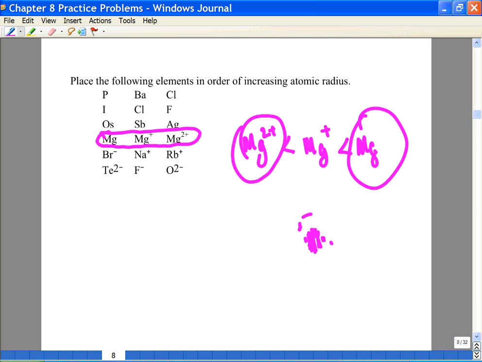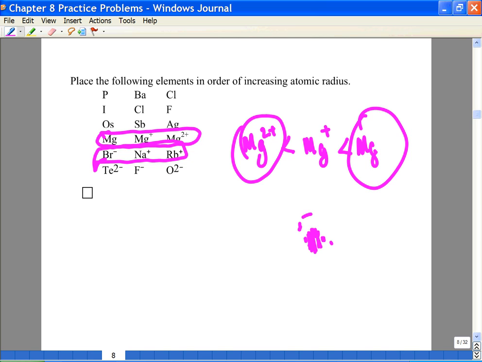If you use the same logic for the rest of them, you can get the order of increasing atomic radius. But remember, when we look at the relationship between ions of different elements, then we'll need to consider what the final outer shell of the electrons would look like.